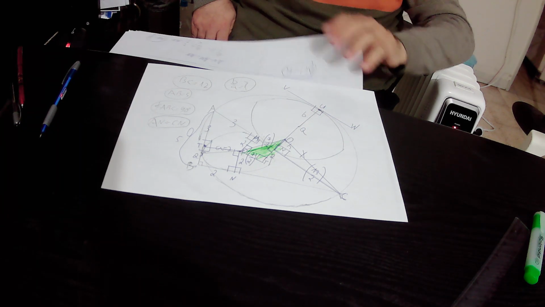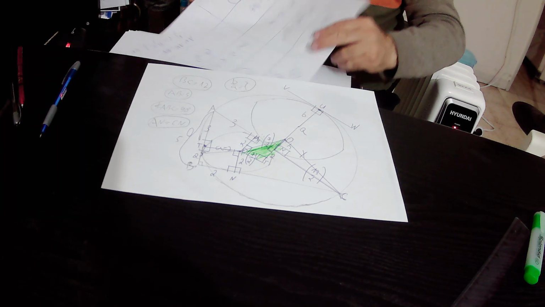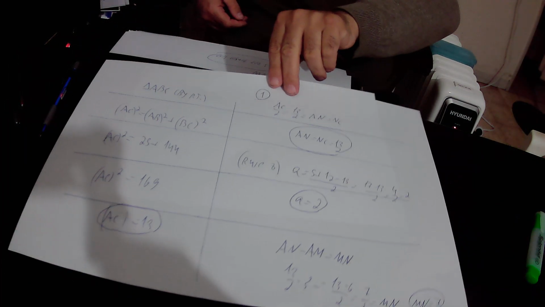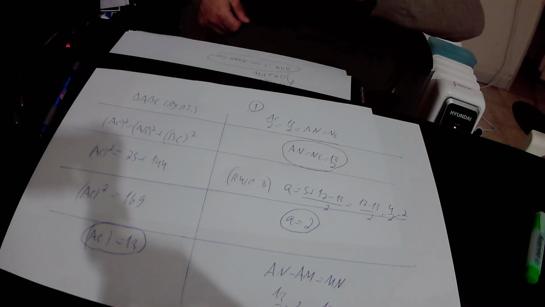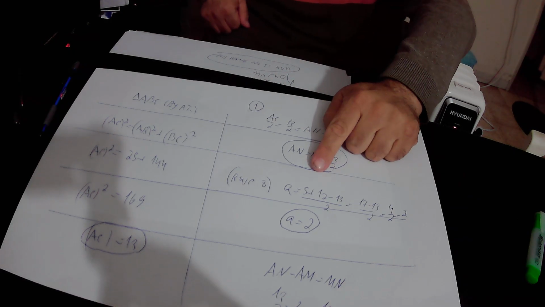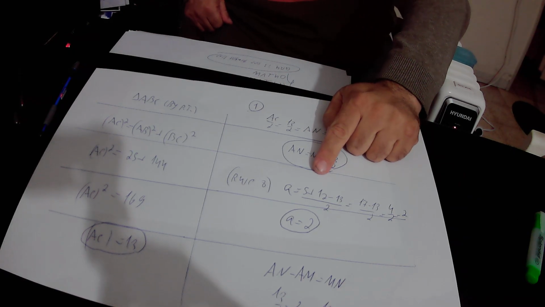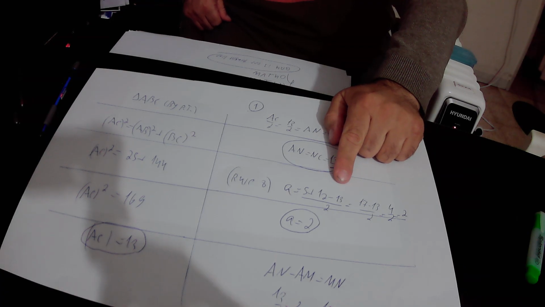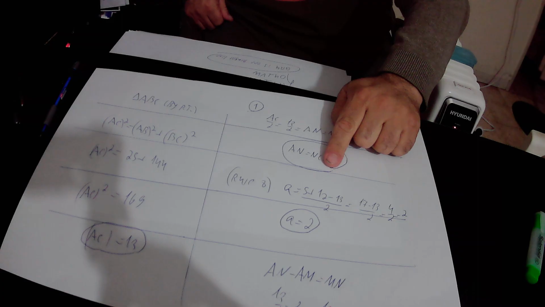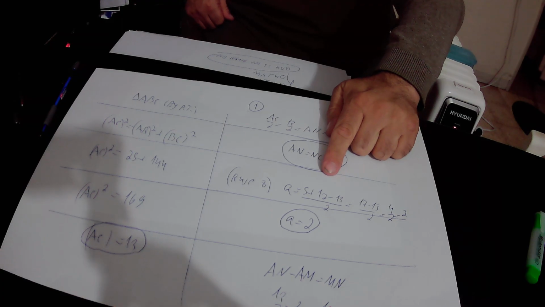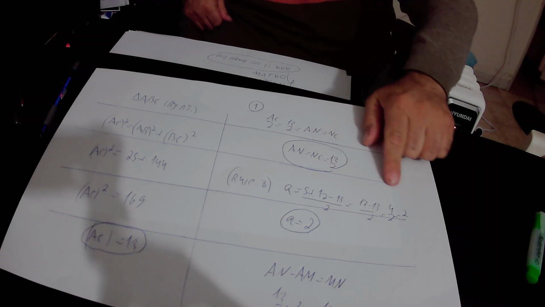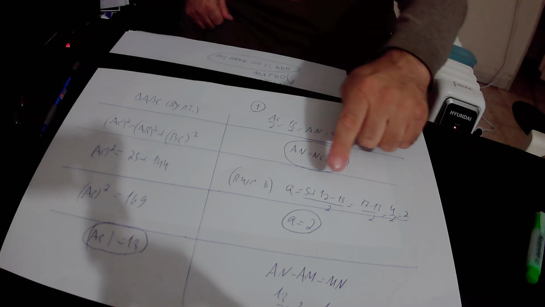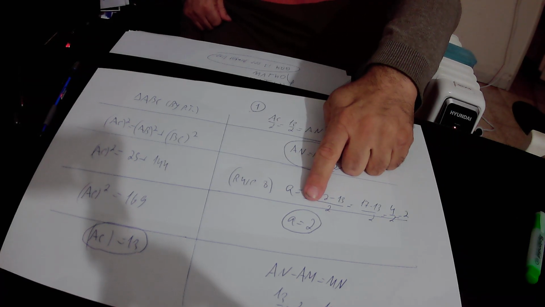According to rule number 8, in the right triangle ABC, the radius of the circle that is blocked by the triangle equals 5 plus 12 minus the hypotenuse 13, over 2. 5 plus 12 is 17, 17 minus 13 is 4, and 4 over 2 is 2.